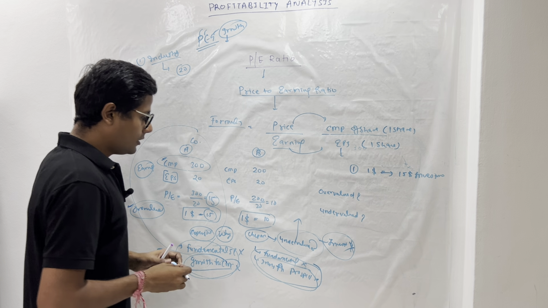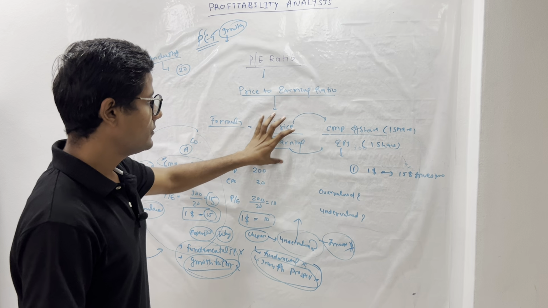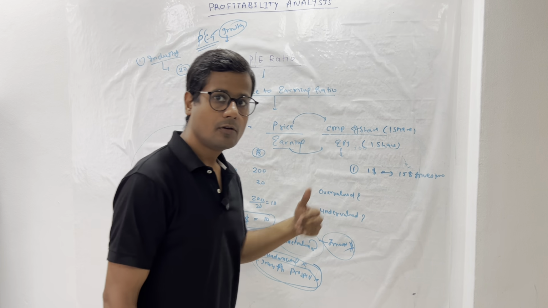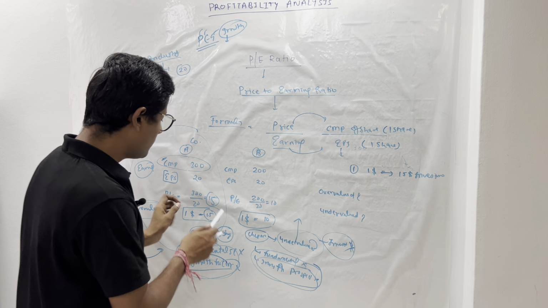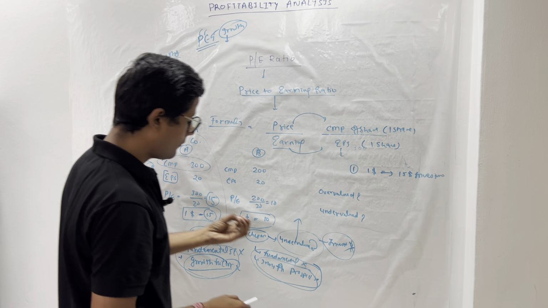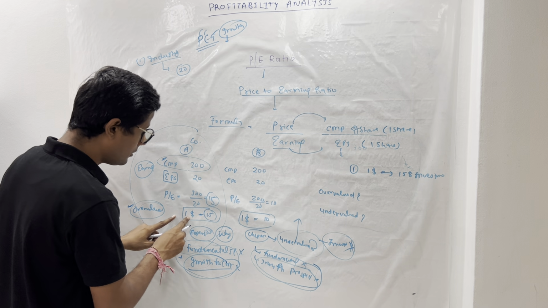So I'll just quickly say, price to earning is basically current market price divided by earning per share. It tells you how much investment you need to make in a company in order to earn $1. You can compare it with the industry and with the peers to understand where you need to make a higher investment and where a lower investment to earn the same dollar.